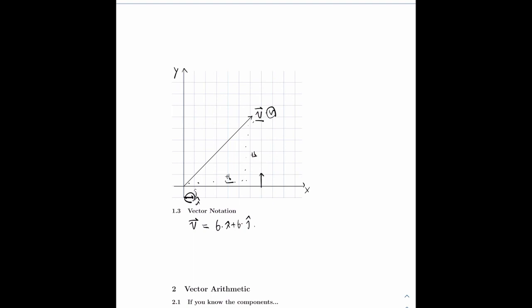And this little thing in the y direction, the unit vector in the y direction, that's denoted as j hat. Sometimes you'll see k hat, but k hat's not very common. But just for your reference, k hat is the unit vector in the z direction. And this notation here is called the unit vector notation.